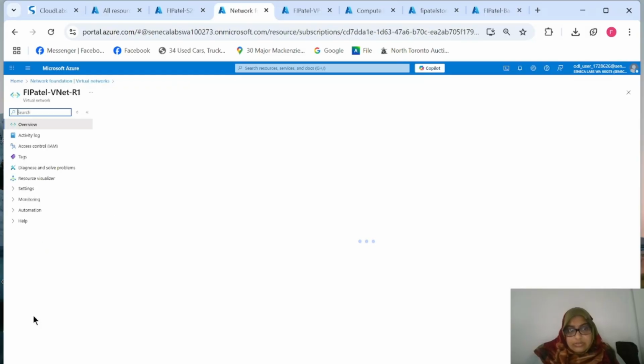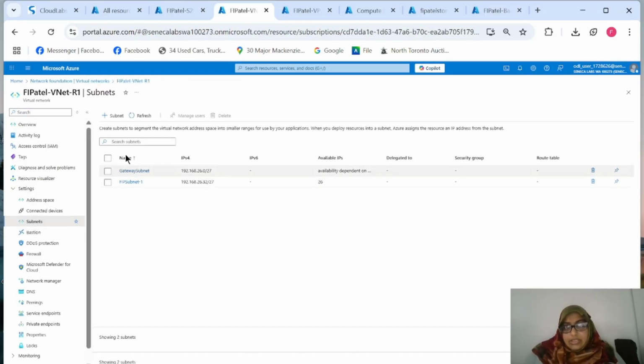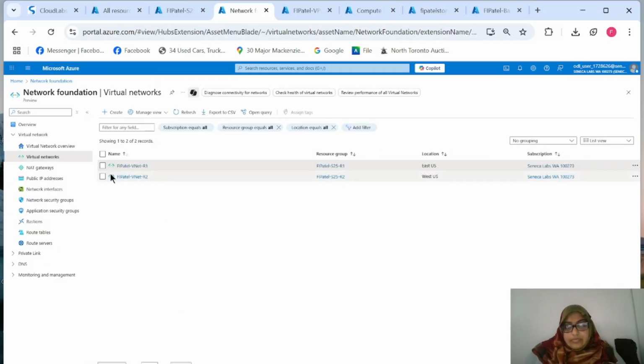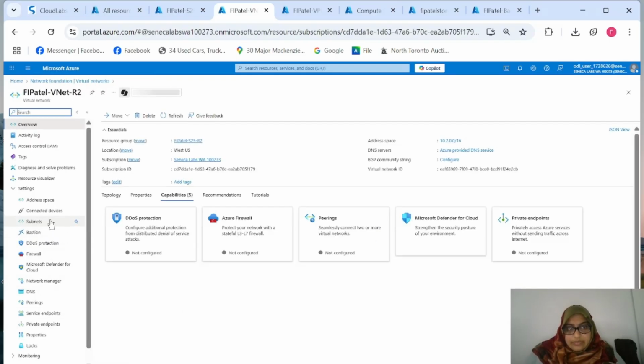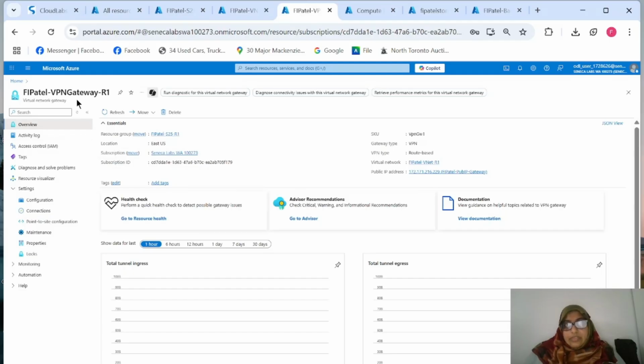In VNet 1, these are the subnets, two subnets I created, subnet 1 and the gateway subnet. These are the IPs that I use. And in VNet 2, this is the subnet 2 that I created for the VPN gateway.